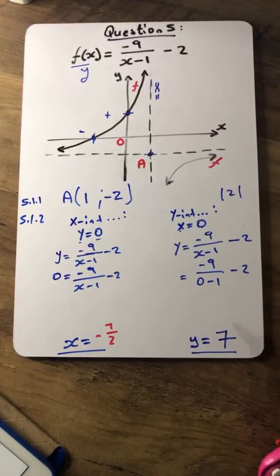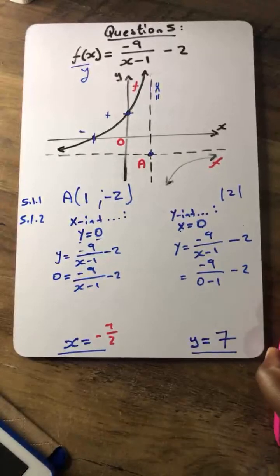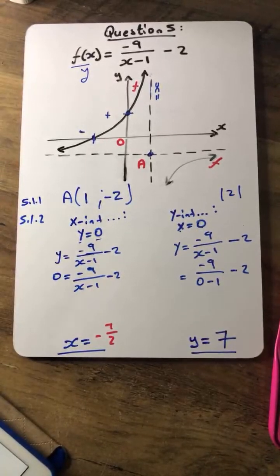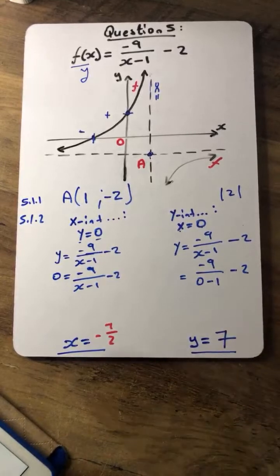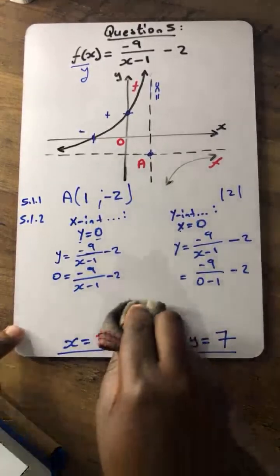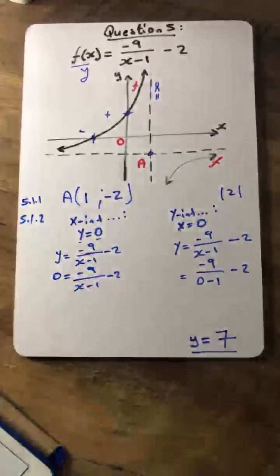How to find the x value. Okay. Negative 7 over 2 is 3.5. Okay. Since someone has posted an answer, let's verify if that answer is correct.